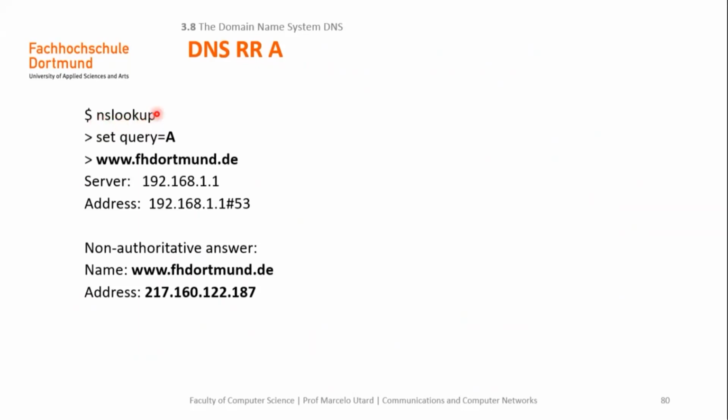If we execute this command, we can set, for instance, the query type as A in order to ask for information about the IP address associated with some particular domain name, FQDN. If we type this FQDN, typically associated with the website of Fachhochschule Dortmund, we will obtain as an answer that the address of the website of Fachhochschule Dortmund is this IP version 4 address.